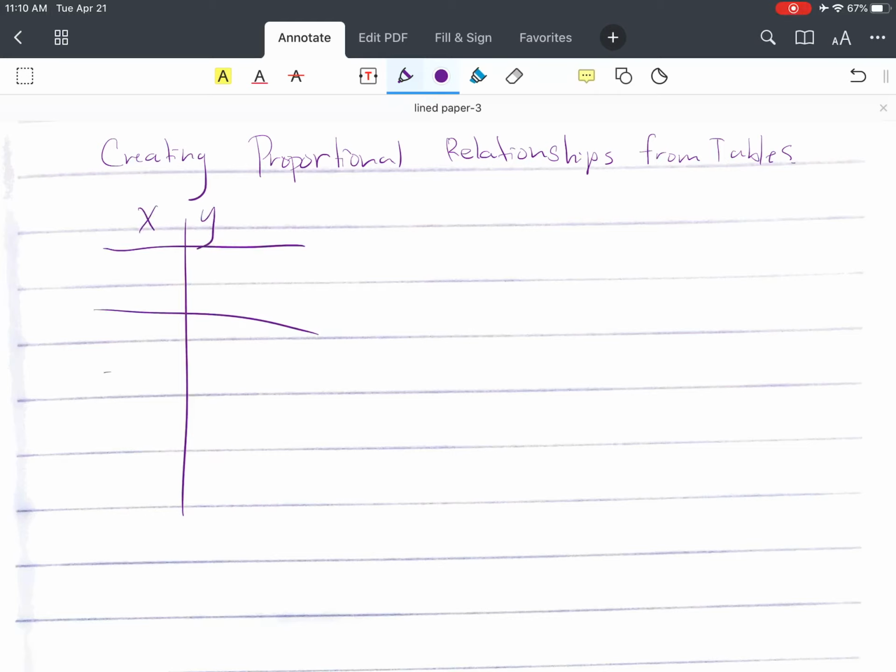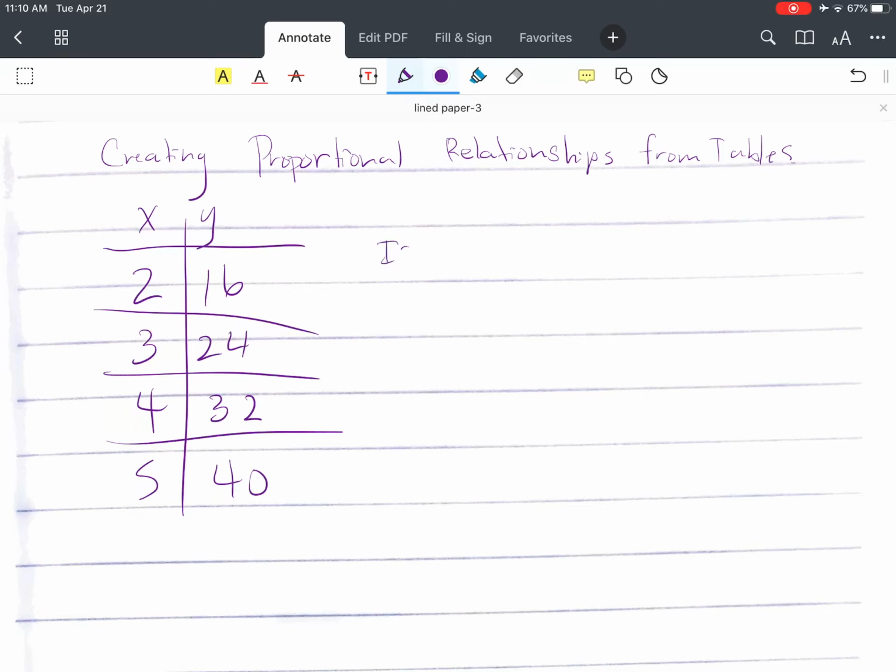So very quickly, just create a t-table, call it x y. And then I am going to pick the numbers 3, 4, 5, and I'm going to put these numbers here, okay?